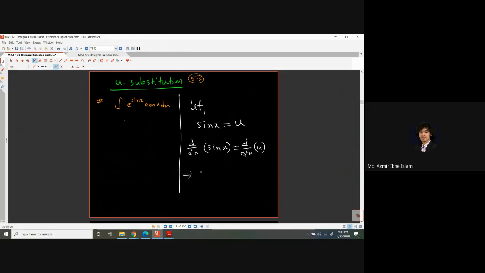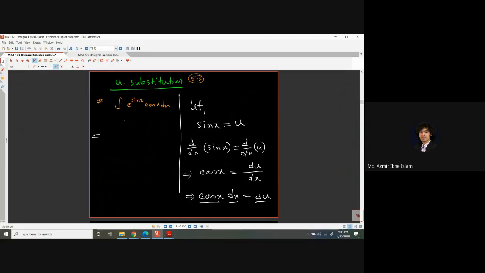Differentiation of sine x gives cosine x, and differentiation of u with respect to x is du dx. Our target is to keep the x terms and dx terms on the left side, and the u terms or du terms on the right side.